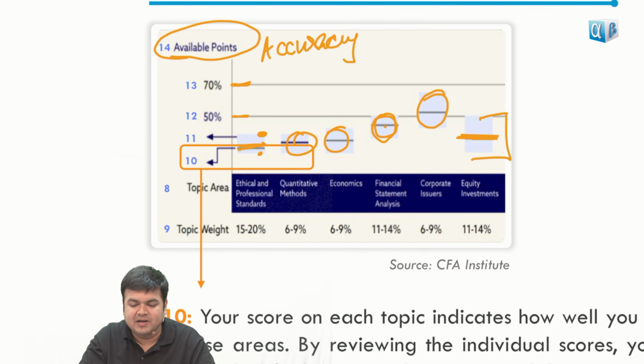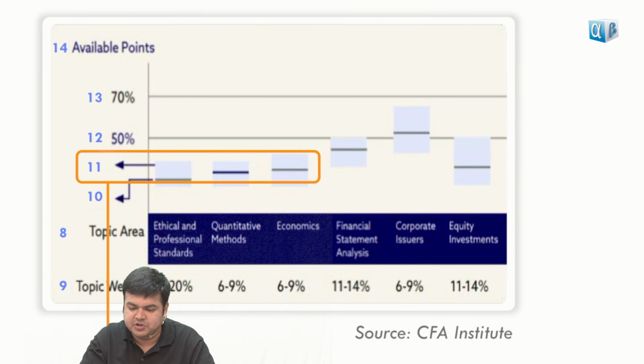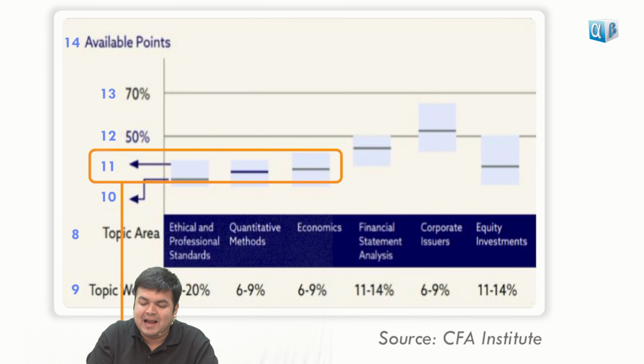Now, please also understand, let me use another fresher one. Please also understand, let's say in corporate issuers, you have a total of 10 questions. I have marked 50% of the questions correctly, so your raw score is 5. Let's say in quants, or ethics, I have, let's say, 20 questions.